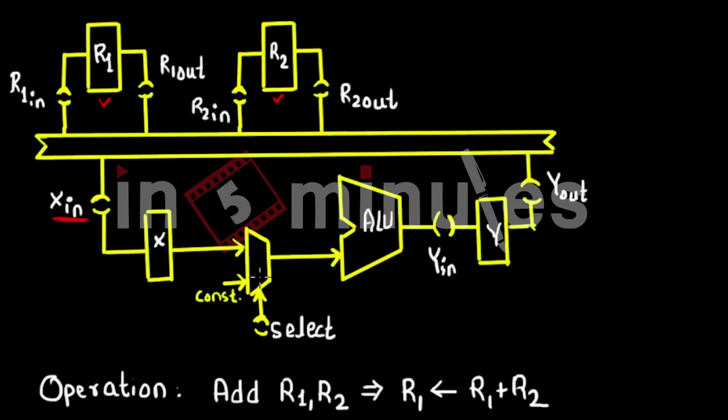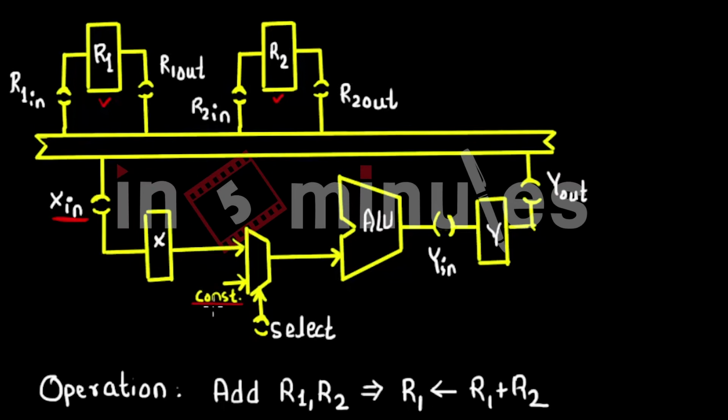Then this multiplexer performs the selection of the operand. That is, when we are incrementing the program counter using the ALU, we have to use this constant to add. The constant is nothing but the instruction length. Generally it would be 1, but for many microprocessors the instruction length is more than 1 byte.